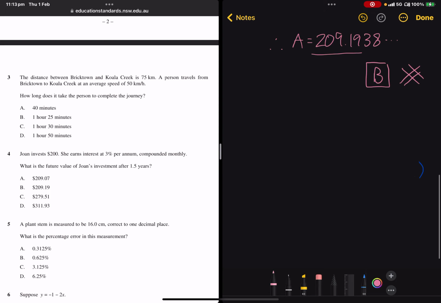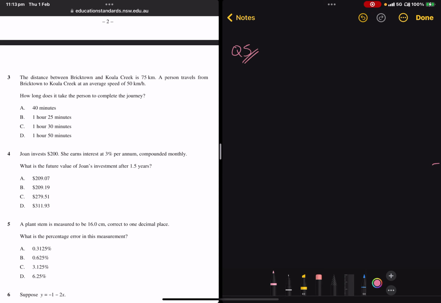Now the last question that we'll have a look at in this set is question 5. A plant stem is measured to be 16 centimeters correct to 1 decimal place. What is the percentage error in the measurement? Okay, so when we're looking at percentage error, we need to think about calculating how far from the correct value the measured value could be.